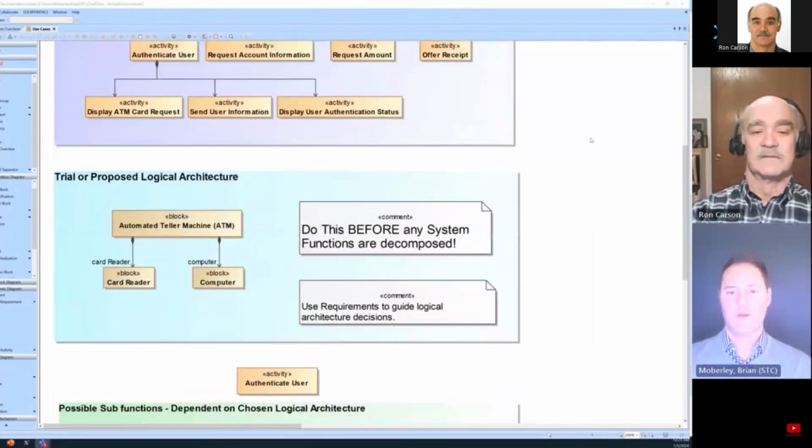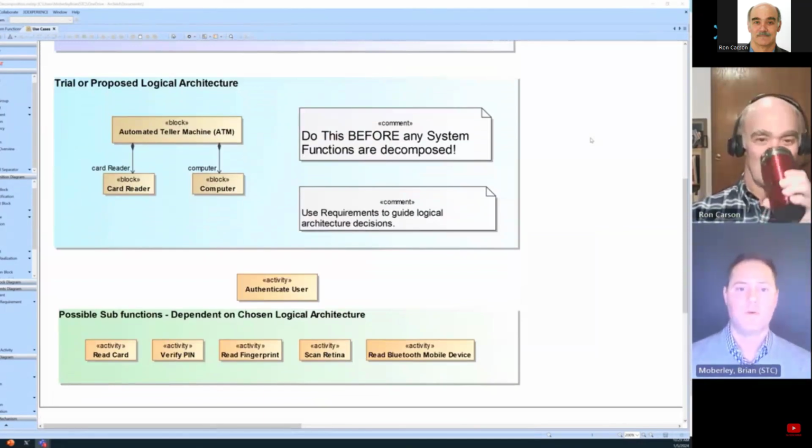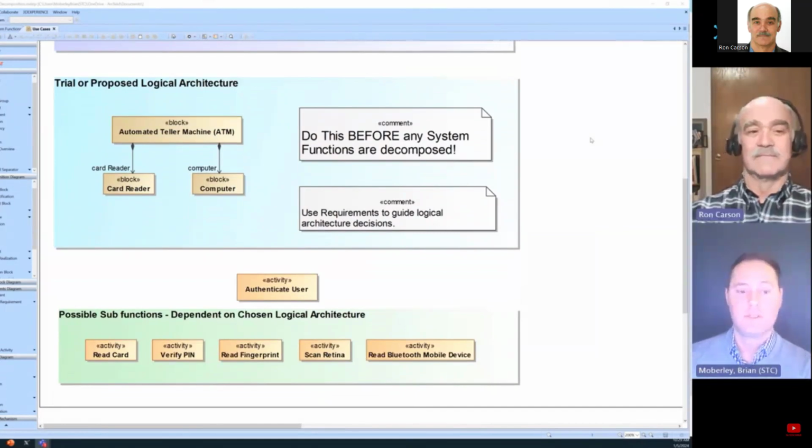So moving down to a few other parts that I modeled in this, I know you have some thoughts on this, so I want to get your feedback here. What I did was I took this example and said, all right, we know that we would like to potentially be able to read the card, so we would like to have a card reader.